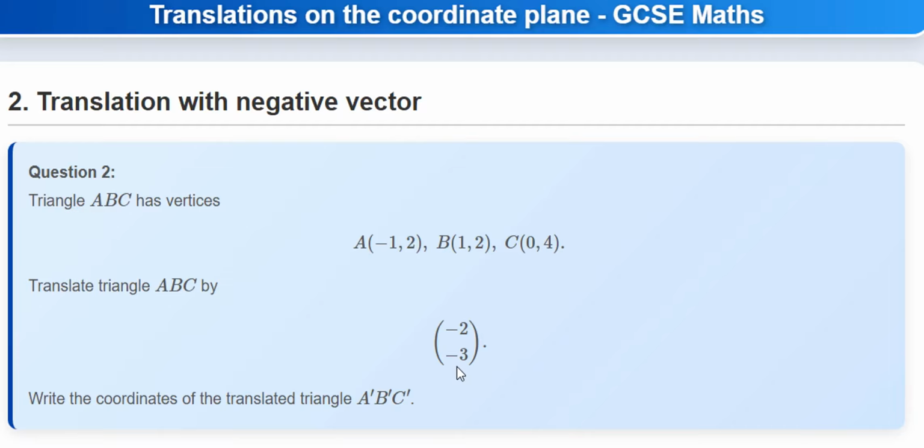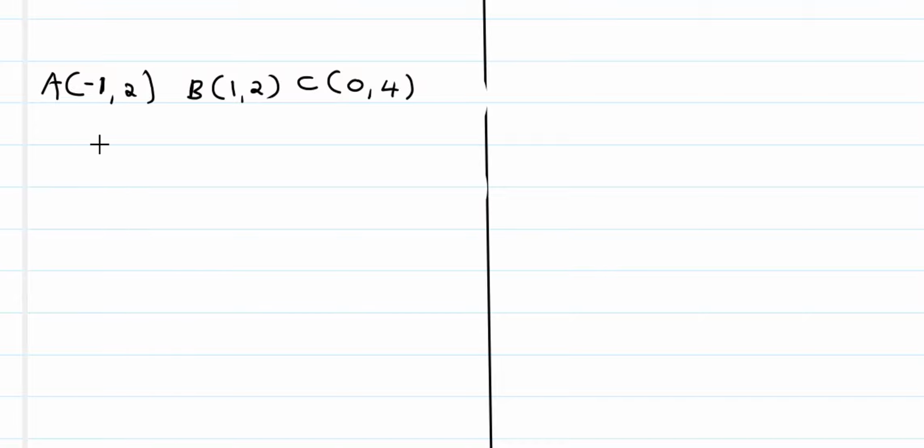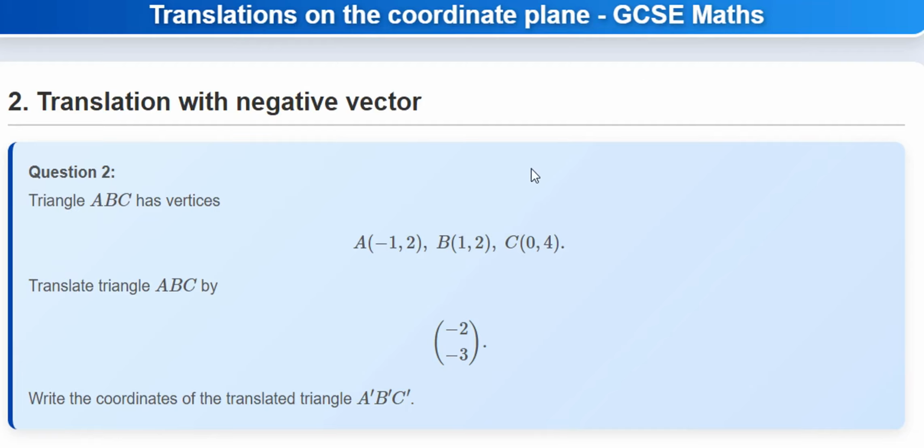You are told to write the new coordinates of the translated triangle. How do we go about this? These are the original coordinates, and the translation vector is given by -2 for a and -3 for b.